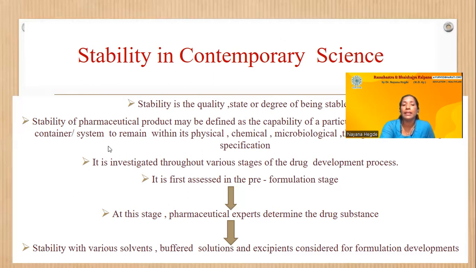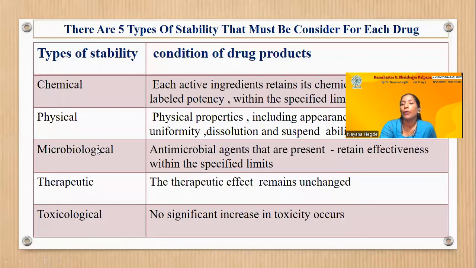So, stability is the capability of the formulation in a stored place or system to remain within the specifications they have given. What are the specifications? There are types of stabilities that must be considered for each drug.